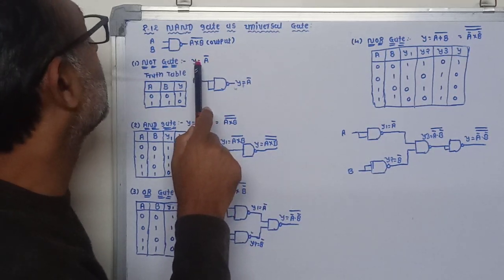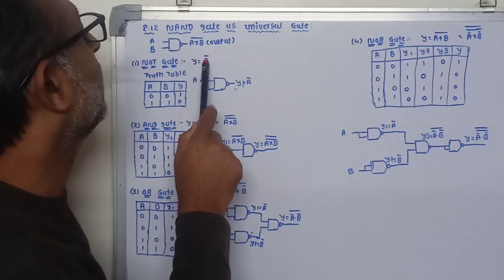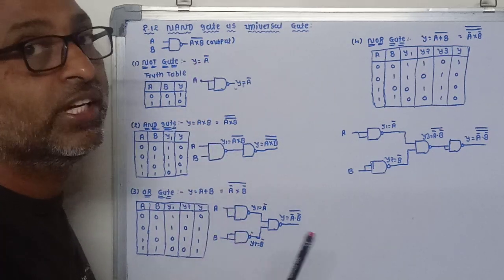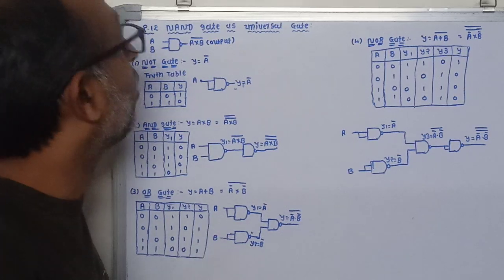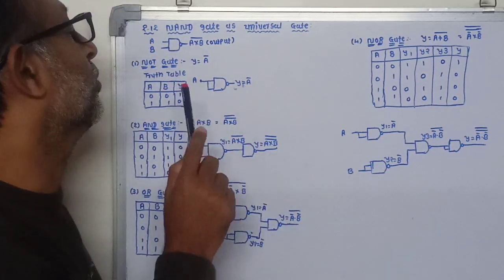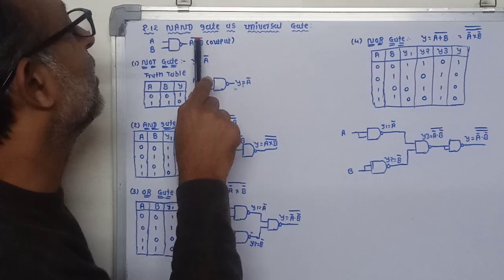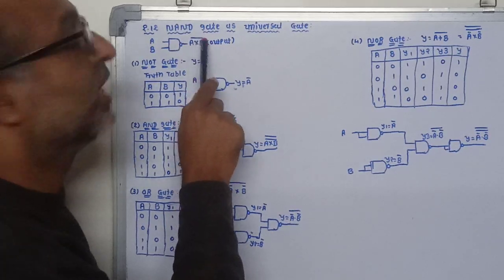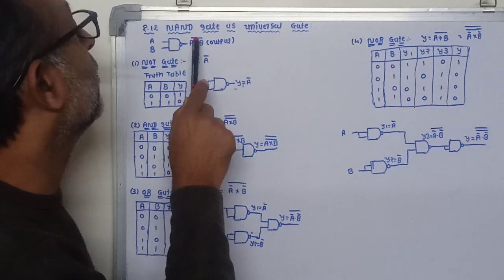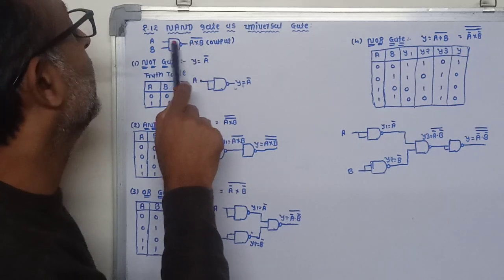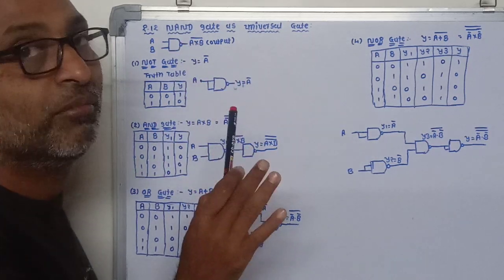The Boolean expression for the NOT gate is A bar. That means the output of the NOT gate is the complement of its input. Since B is replaced by A, the Boolean expression becomes A bar.